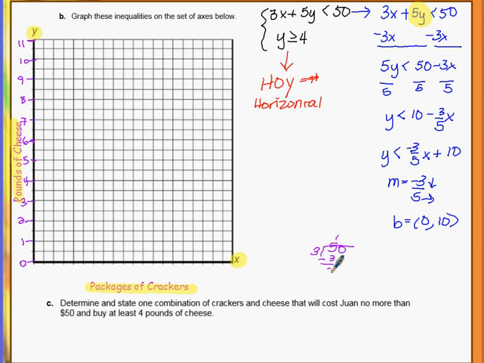So I could buy, let's say, 6 times to get 18, and then we get 2. So I could buy 16 and 2/3 of a package, but we wouldn't buy 2/3, so I would only end up buying 16. But it means that this line should be hitting the x-axis somewhere between 16 and 17.